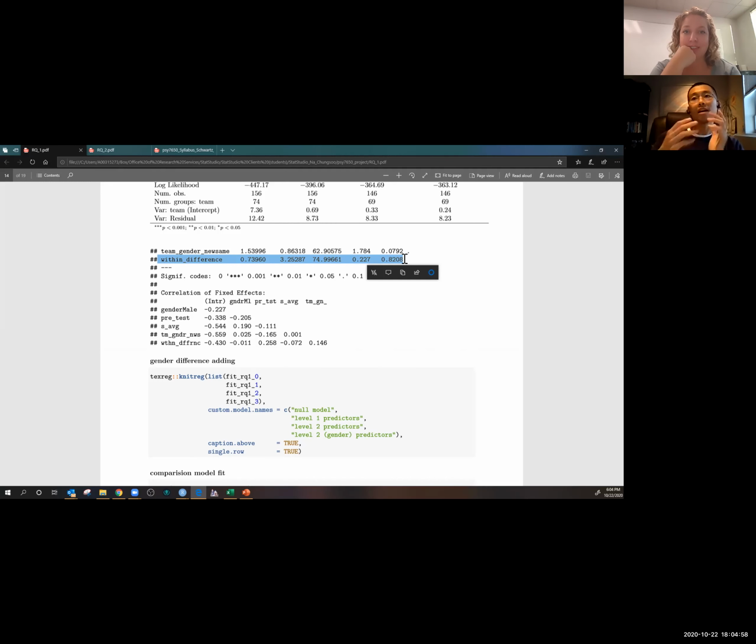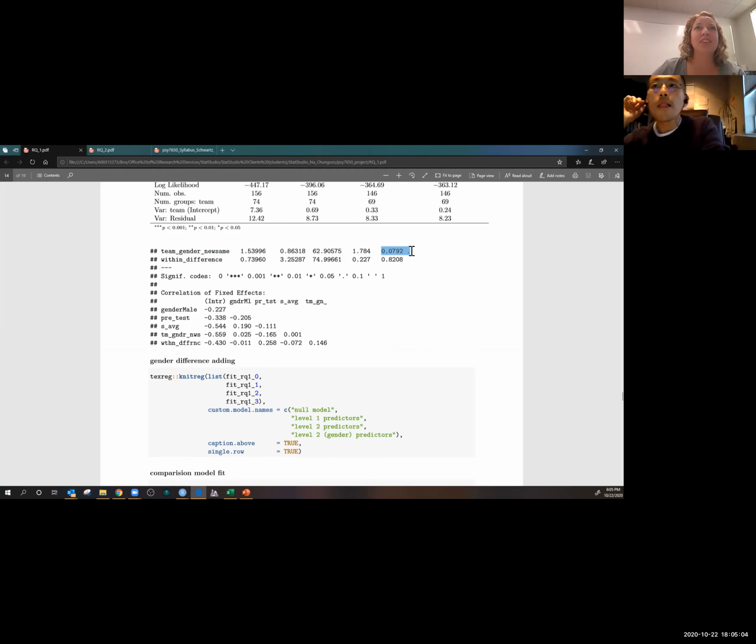I see. So I'll give it a shot of removing those two variables and check the model. And I wouldn't be surprised if this team gender being the same variable might become significant with the increase in power by removing two non-significant variables. Not guaranteed, but something to try.